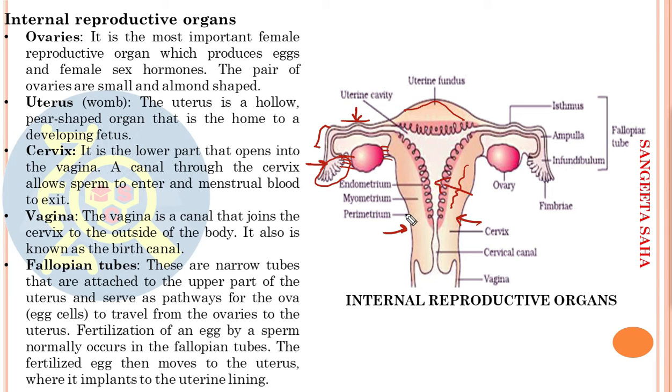As we come to the end of the uterus, it is continued with the cervix, this part. This is the cervix. And then it is continued to the vagina here. We are going to discuss this in detail in the next slides. So this is all about the internal reproductive organs of the female reproductive system.